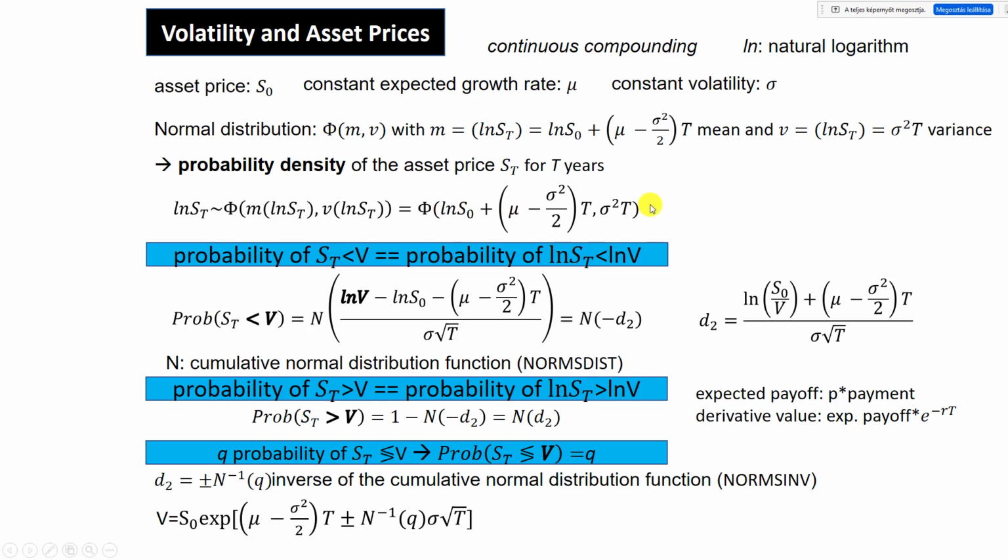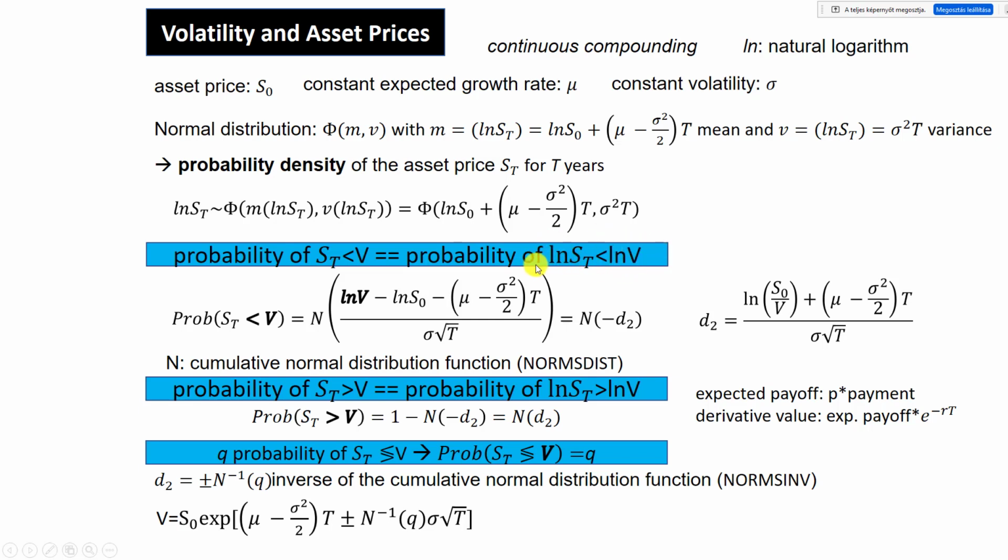If we do the math, the probability of having the price level under a threshold V means we are either under it or above it. Then we can move to the level of logarithms at the same time.